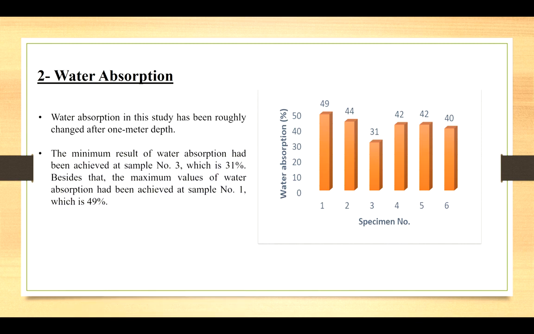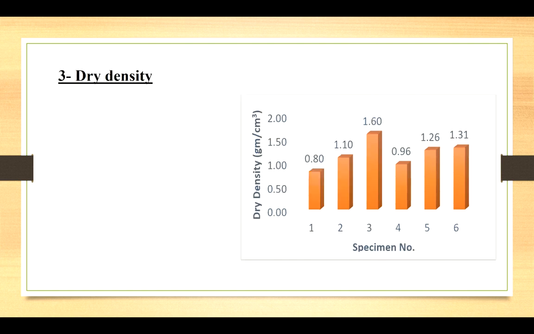The water absorption in our study also changed randomly after 1 meter depth. The minimum water absorption was achieved at sample number 3, which is 31%, and the maximum value was achieved at sample number 1, which is 49%.